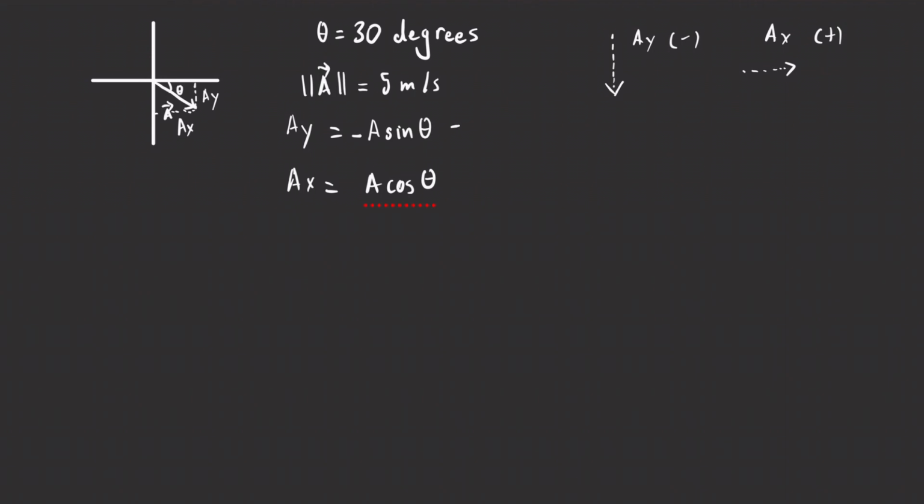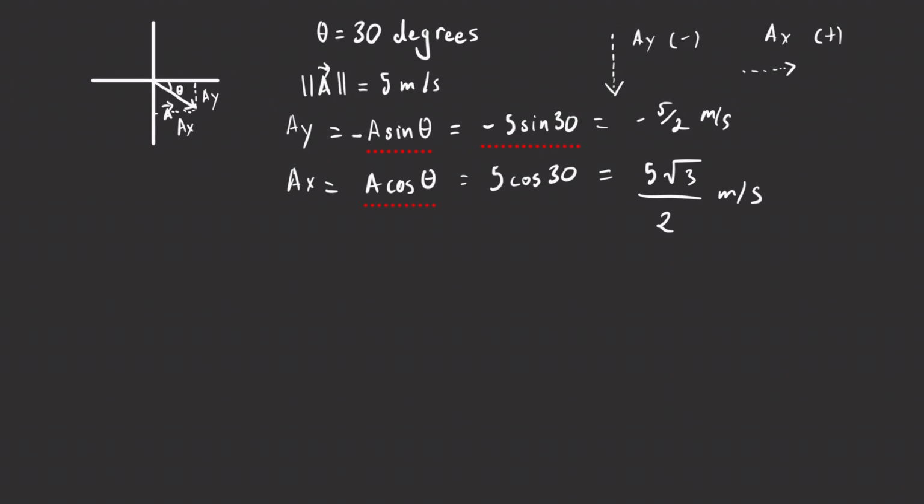So if I go ahead and solve this, negative 5 sine 30, 5 cosine 30, that should get me negative 5 over 2 and 5 square root 3 over 2.